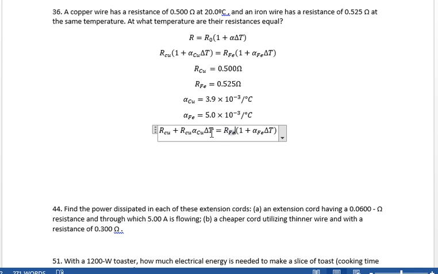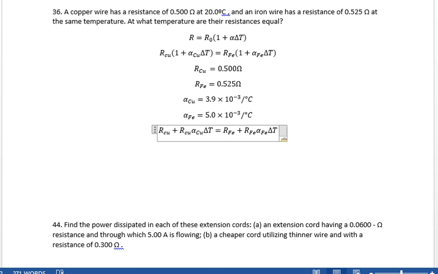And on the other side, we end up with R of iron plus R of iron times alpha of iron delta T, right?